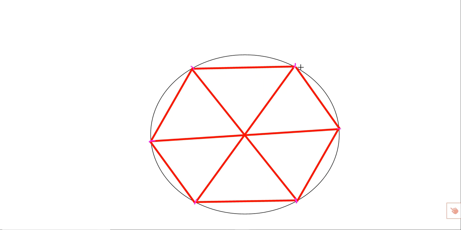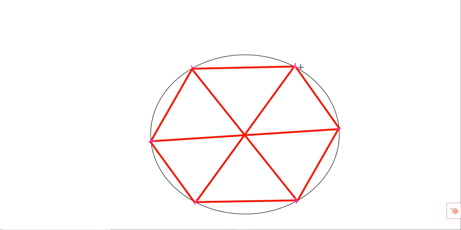My question to you, mathematically minded people, is: have you drawn a perfectly regular hexagon? I'm not finished. This has nothing to do with human error. That's not what I want. Compass error.